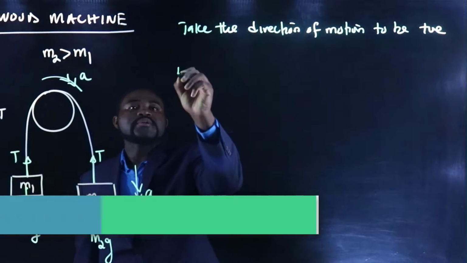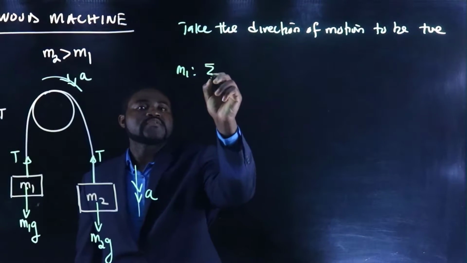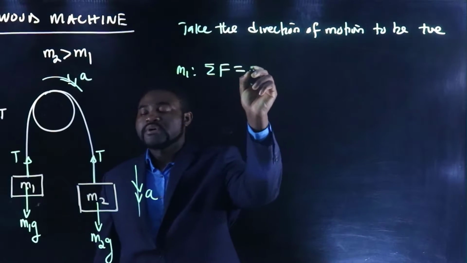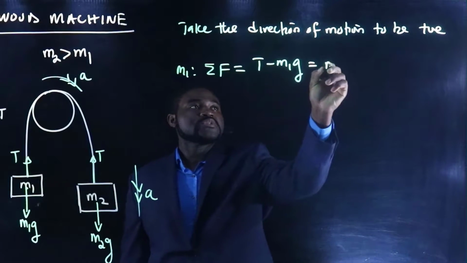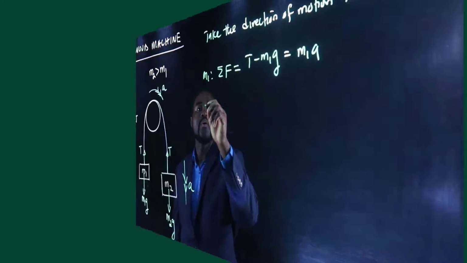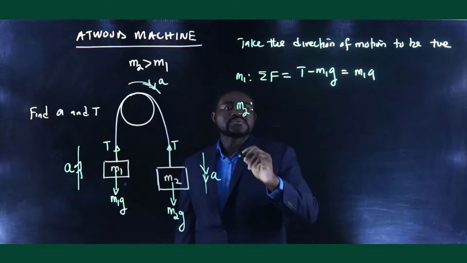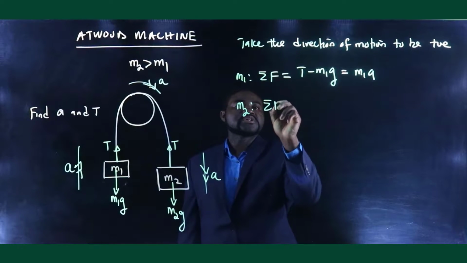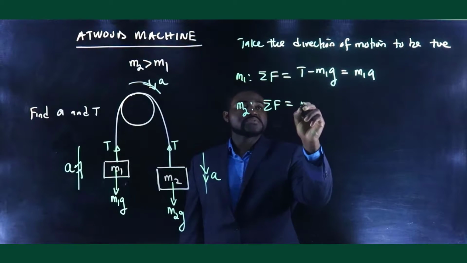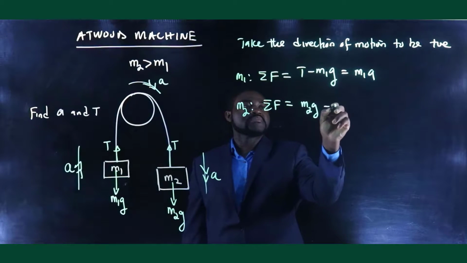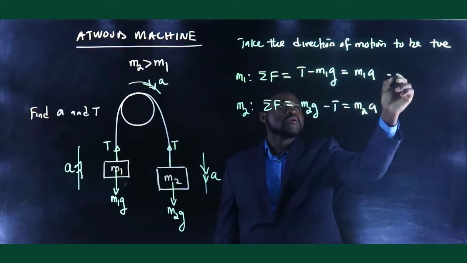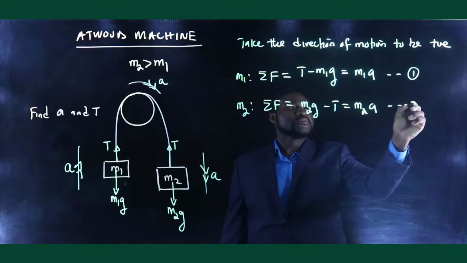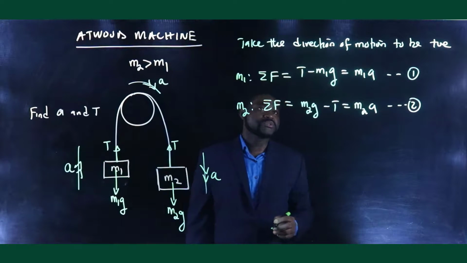So for block 1, we have the summation of F equal to T minus M1G equal to M1A. For block 2, we have the summation of F equal to M2G minus T equal to M2A. Let's call this equation 1 and let's call this equation 2.